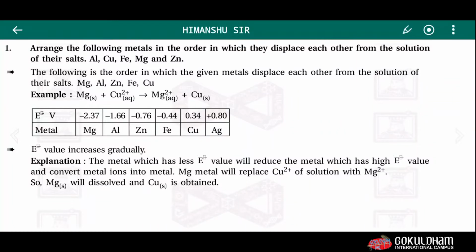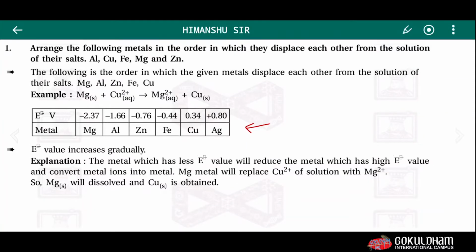This EMF series will be discontinued in your new CBSE syllabus, but you can see on screen the table is given. That table is known as the EMF series. In this table, magnesium has minus 2.37 volts and silver, Ag, has 0.80 volts.